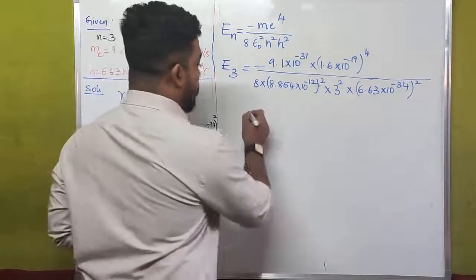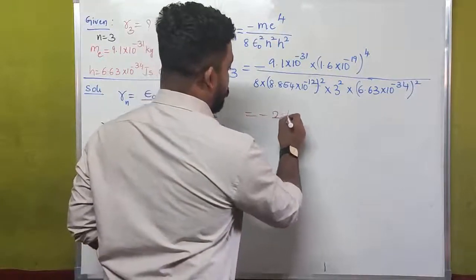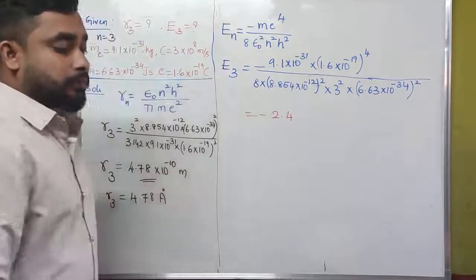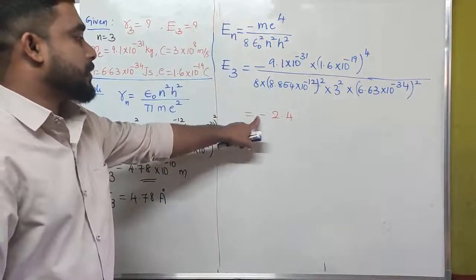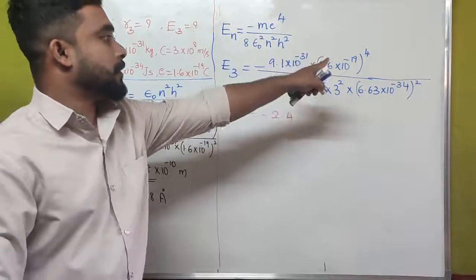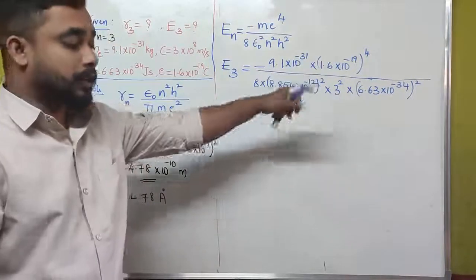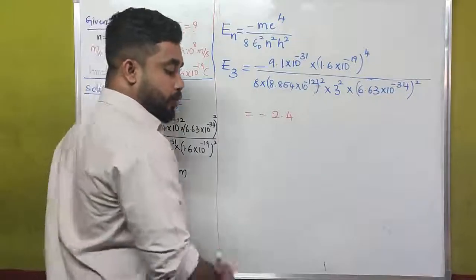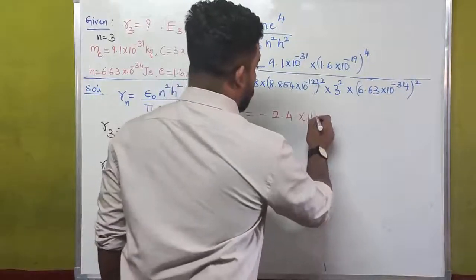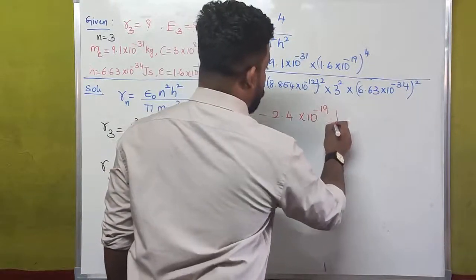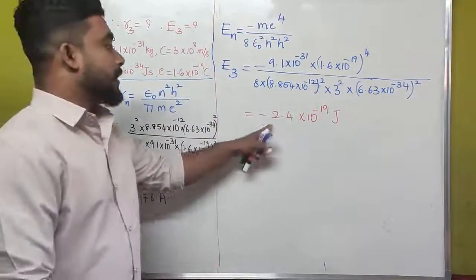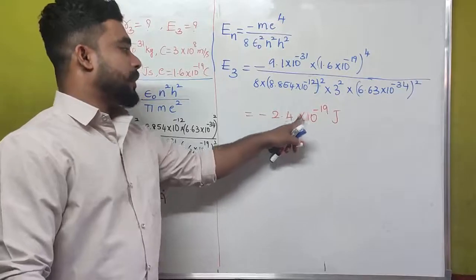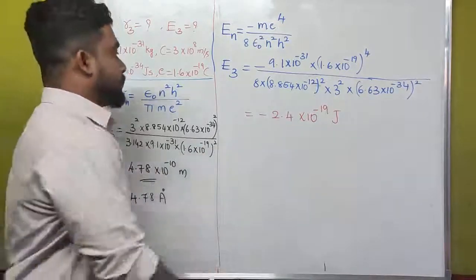approximately minus 2.4. We have the minus sign here, so we retain it as it is. If we multiply all these things and divide by the denominator, we get minus 2.4 into 10 to the power of minus 19 joules.